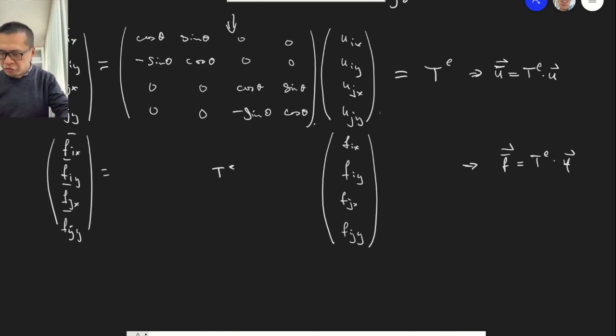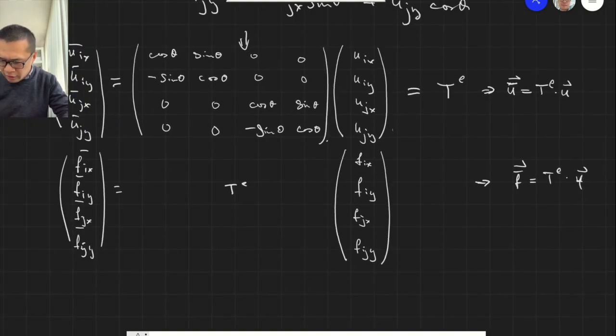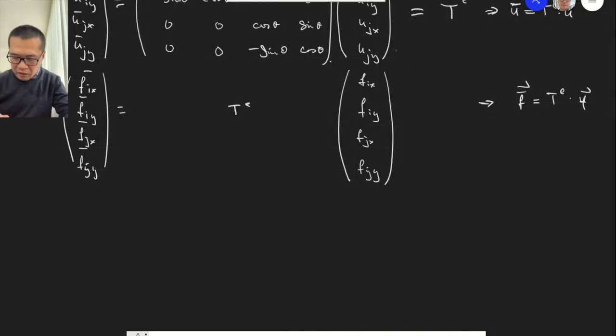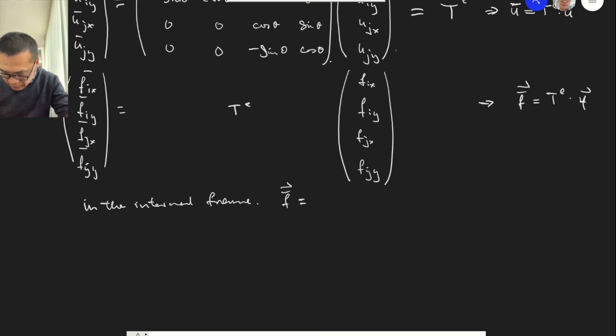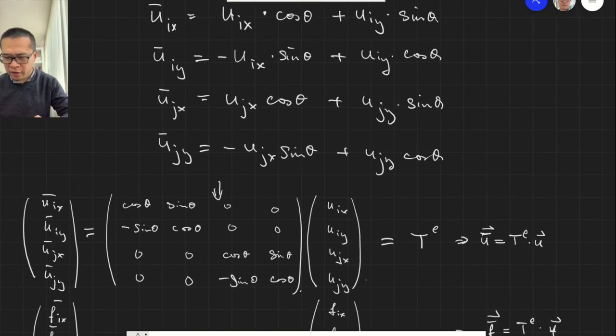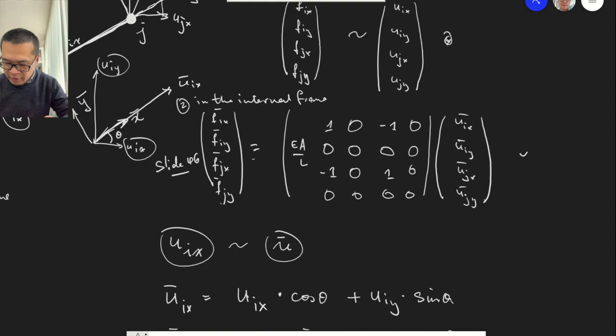Now, what do we know? We know in the internal frame, F bar equal to K bar times U bar. So what is this K bar? K bar is basically this guy.